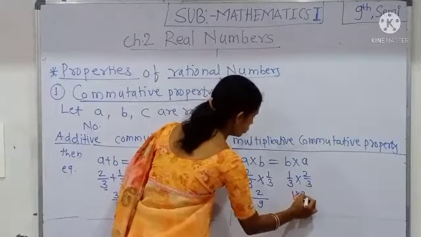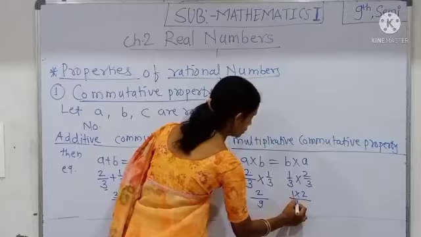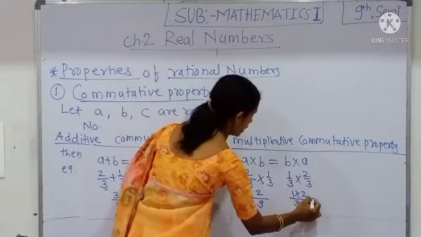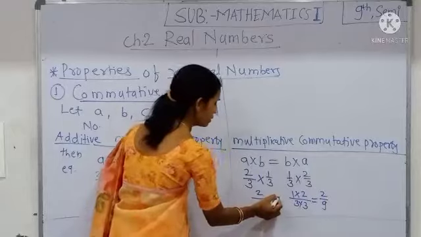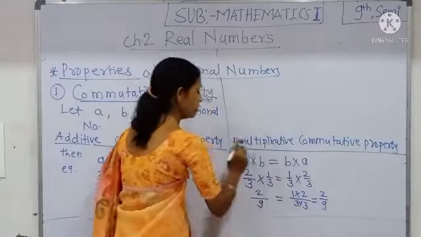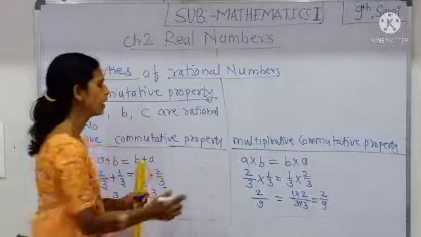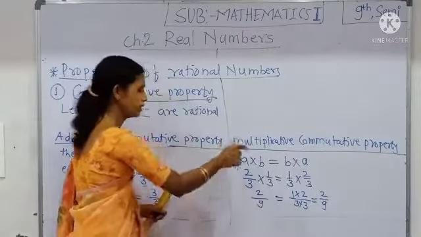Therefore, here 1 into 2 upon 3 into 3, that means 2 upon 9. That means here this property is proved by using example of it.